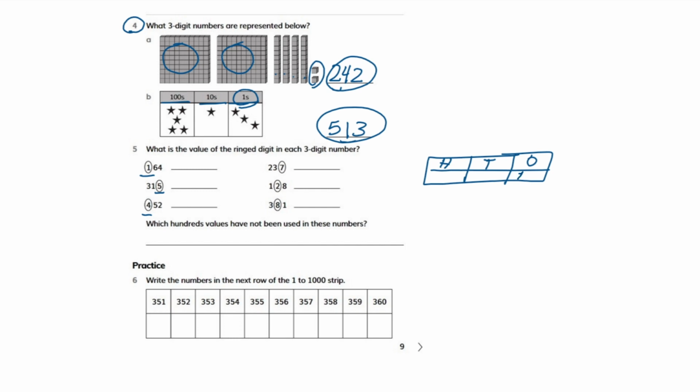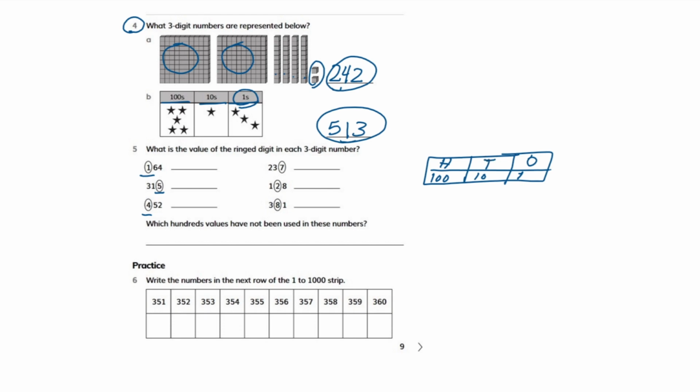The value in the ones place is 1. The value in the tens place is 10, and the value in the hundreds place is 100. Any digit that's put in the hundreds place is multiplied by 100. Any digit that's put in the tens place is multiplied by 10, and any digit that's put in the ones place will be multiplied by 1.